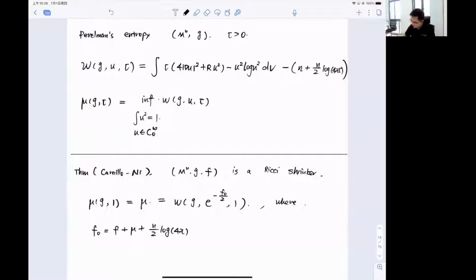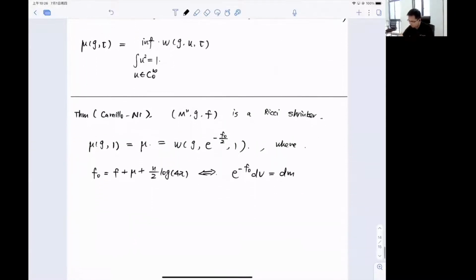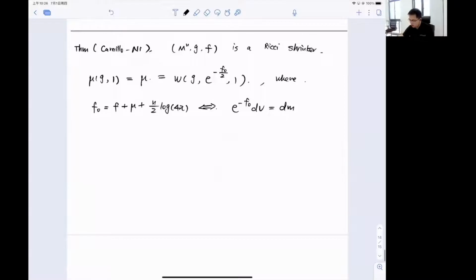Equivalently, e to the negative f0 times dV is equal to our probability measure dm f. So the entropy of the Ricci shrinker is equal to Perelman's entropy at scale 1.